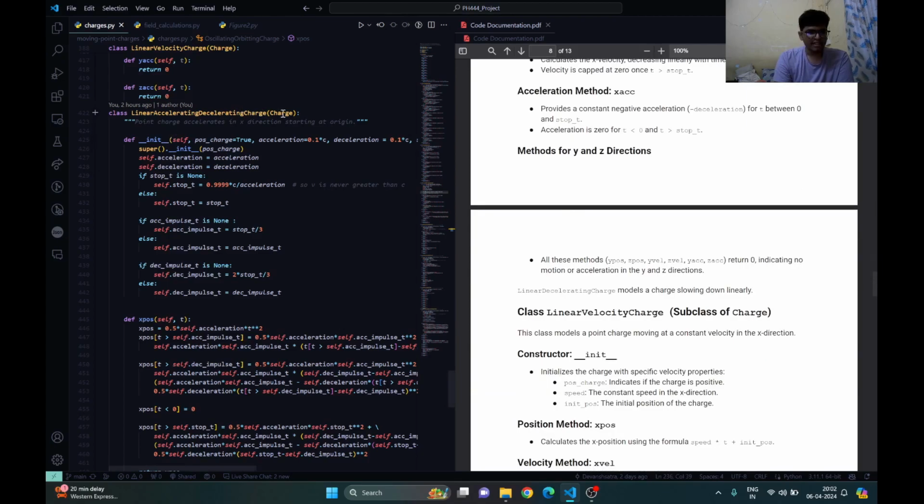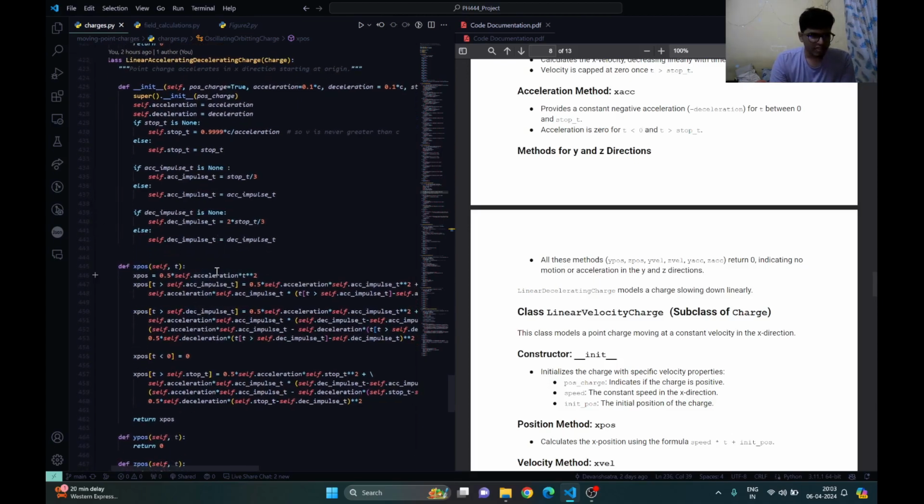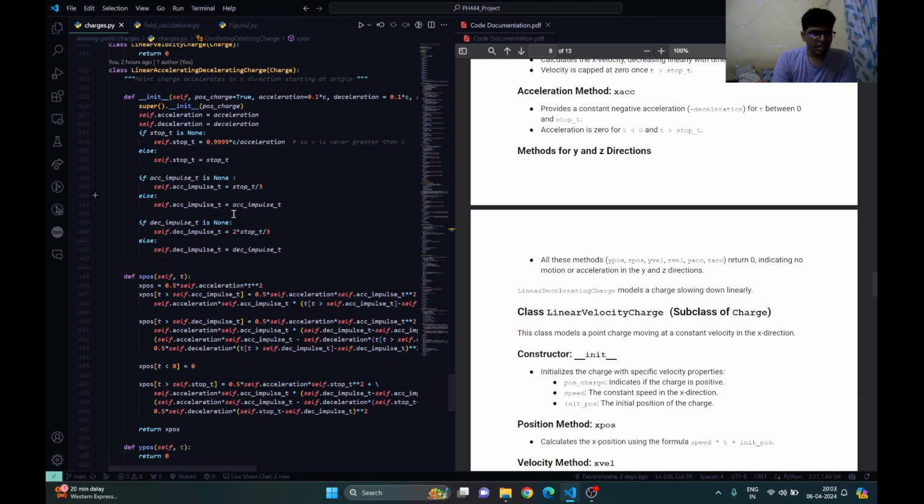Linear accelerating decelerating charge. Basically, this is the motion where initially it will accelerate for some time, then it will stay at constant velocity, and then it will decelerate again to zero speed. We have defined that since it gives some very interesting results, which you will see later on.